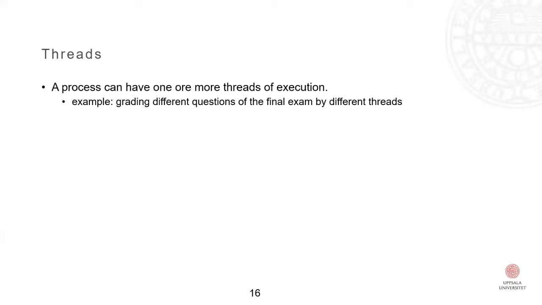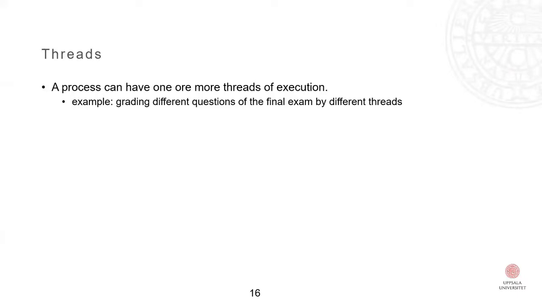So let's see in more detail what threads are. A process can have one or more threads of execution, meaning that its execution is divided into smaller chunks. You can imagine, for example, we have a final exam that we want to correct using a computer process, and this process divides the work. Imagine the final exam has 4 questions and the process creates 4 threads, and each of them is responsible for correcting just one of the questions of the exam.